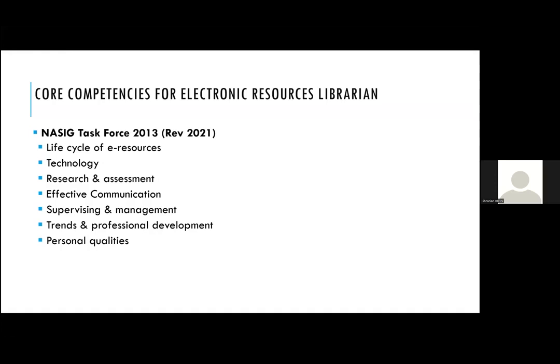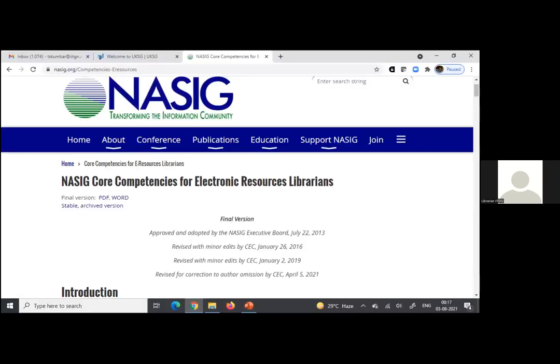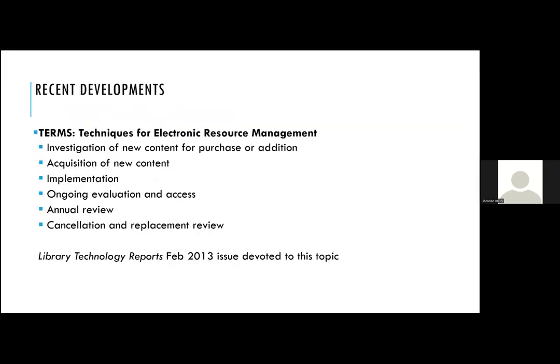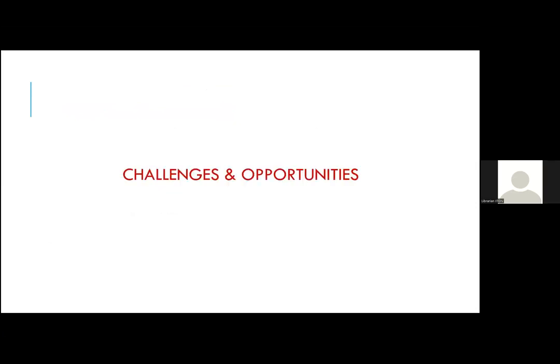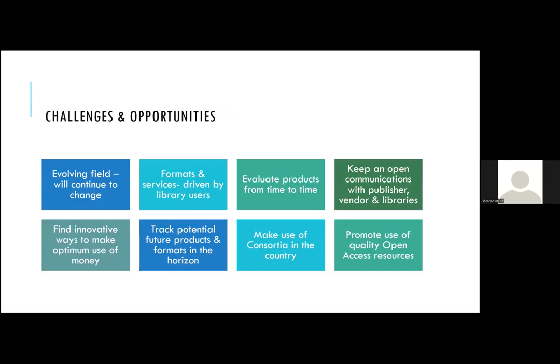In addition to that, they also have another core competency, not in this context, but it is scholarly communication, the competencies required for managing scholarly communication within our organization. So that is something useful to look at. So this is the development that I presented to you already, as far as electronic resource management is concerned. And well, I am almost at the end of my presentation.